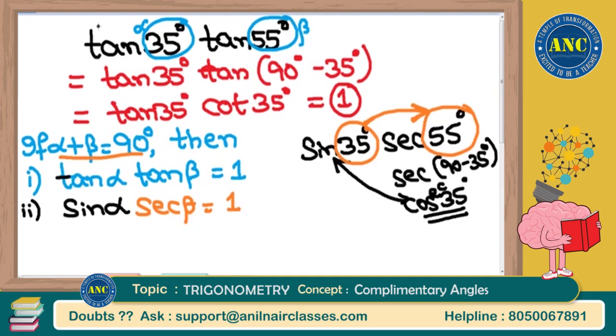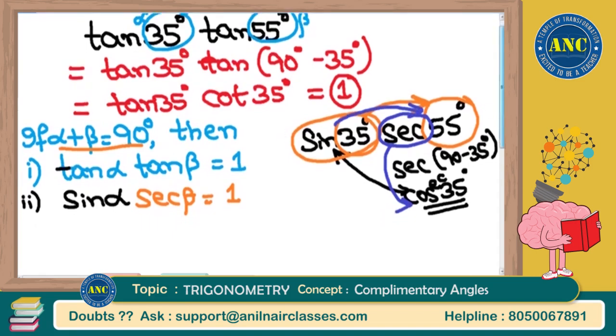Because by using allied angles, what is the reciprocal of sine? The reciprocal of sine is cosecant. I need to get cosecant. Which trigonometric function, when I convert by using allied angles, gives cosecant? Secant. So these two pair will go hand in hand.